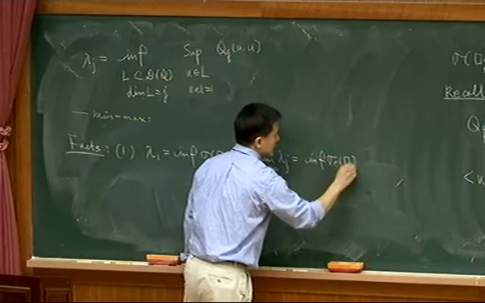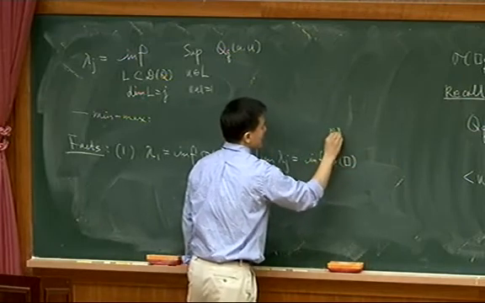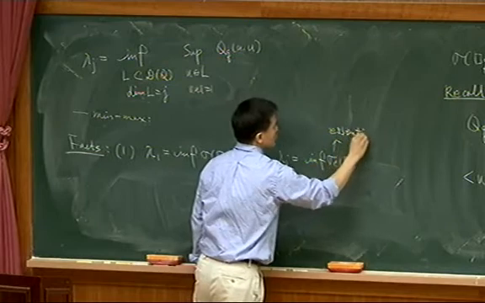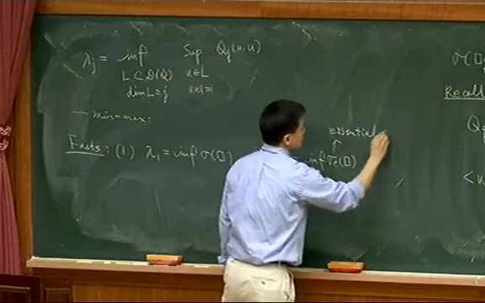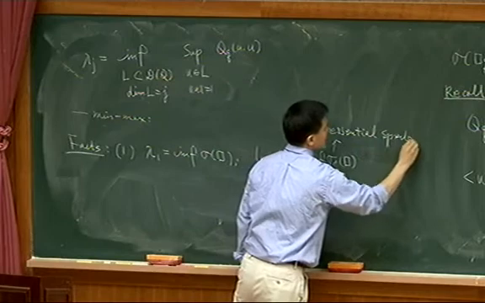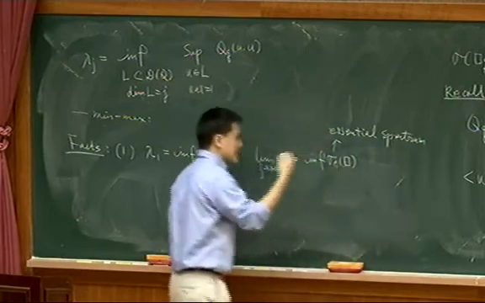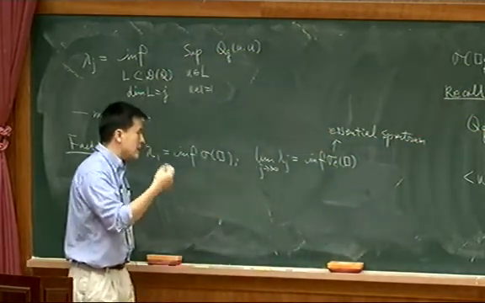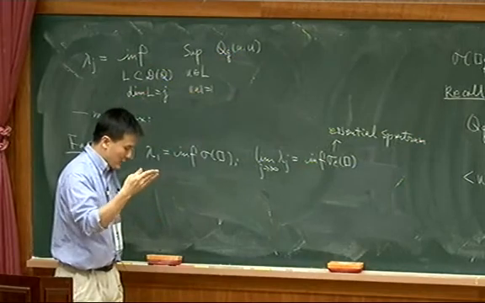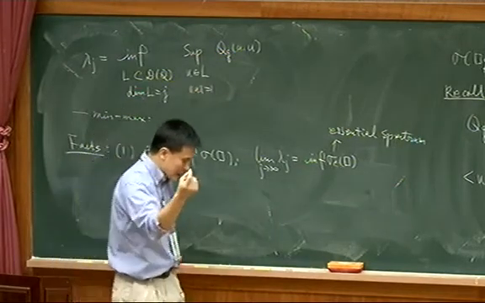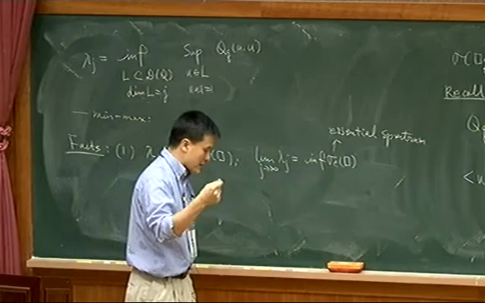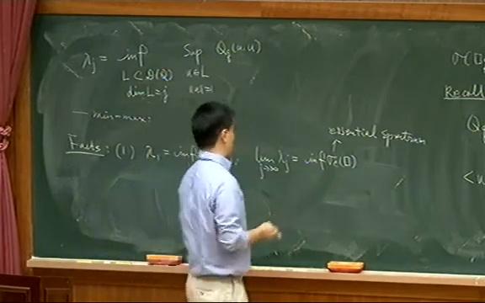So this E means essential spectrum. Essential spectrum consists of those points in the spectrum that are either an eigenvalue of infinite multiplicity or an accumulation point of other points in the spectrum.